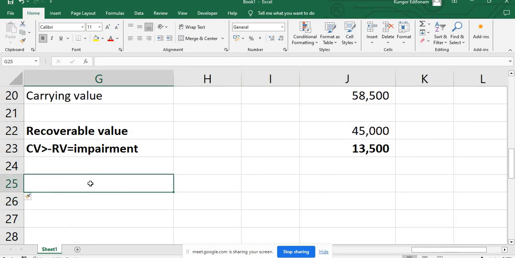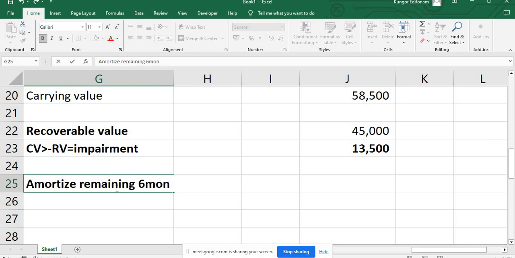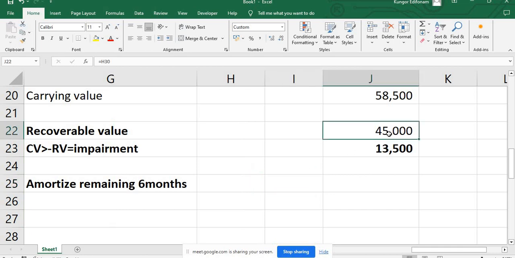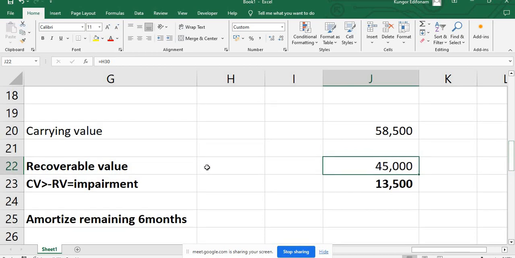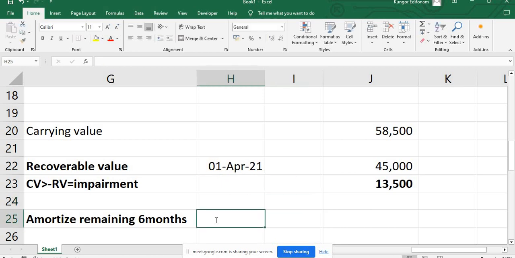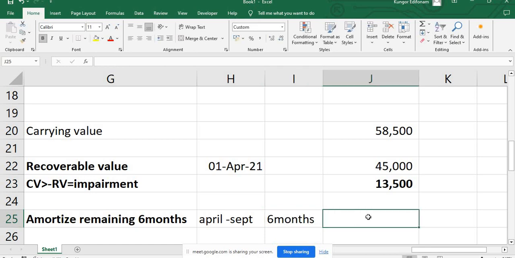The remaining 6 months will be charged on this value, so this is now our current value, the value as at 1st April 2021. The remaining 6 months is from April 1st to September 30th: April, May, June, July, August, September, which is 6 months.